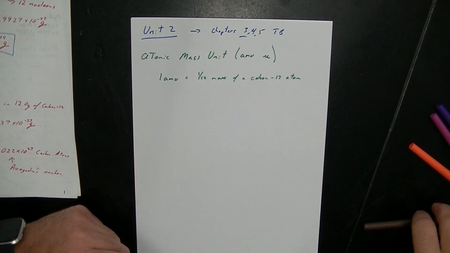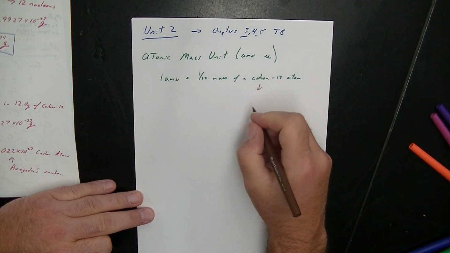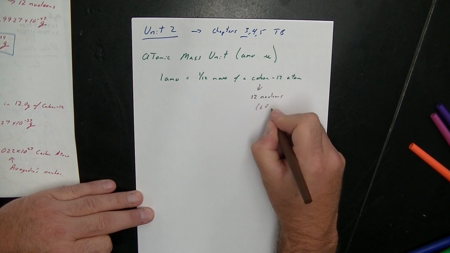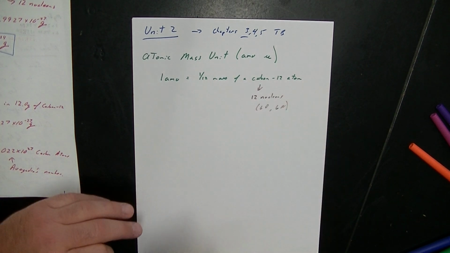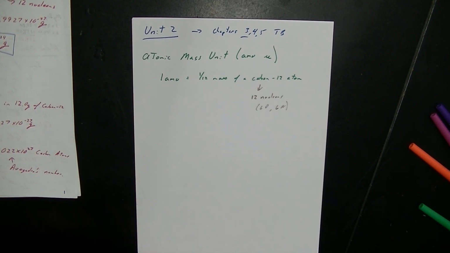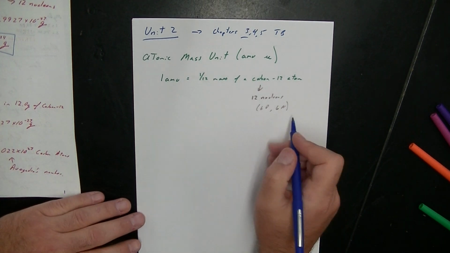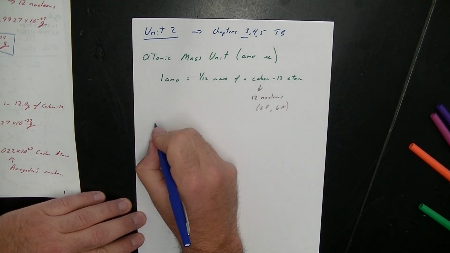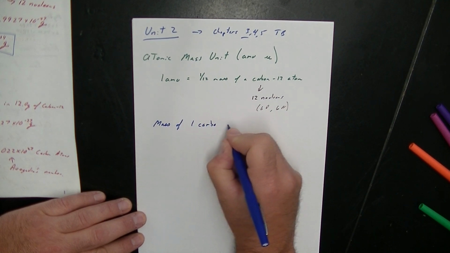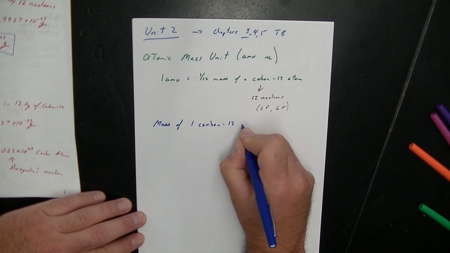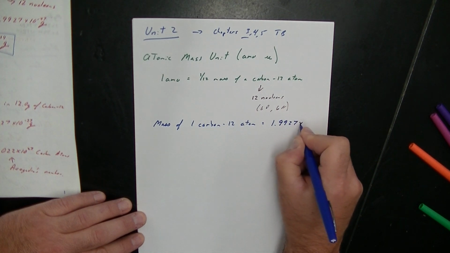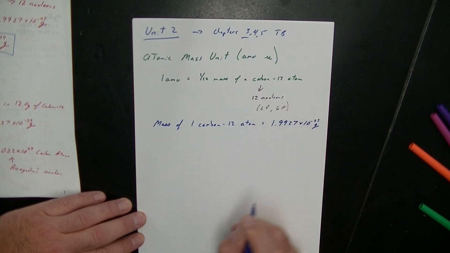So in a carbon 12 atom, there are 12 nucleons. 6 protons, 6 neutrons. So we take the mass of one carbon 12 atom, and we know that that is 1.9927 times 10 to the negative 23rd grams.